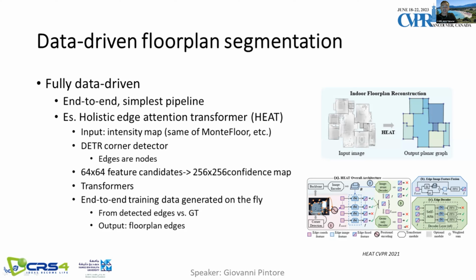They are not used directly as prediction, but they are extracted on the fly in order to train the network compared to ground truth. As a result, we obtain a floor map as a combination of edges, as in the figure here.